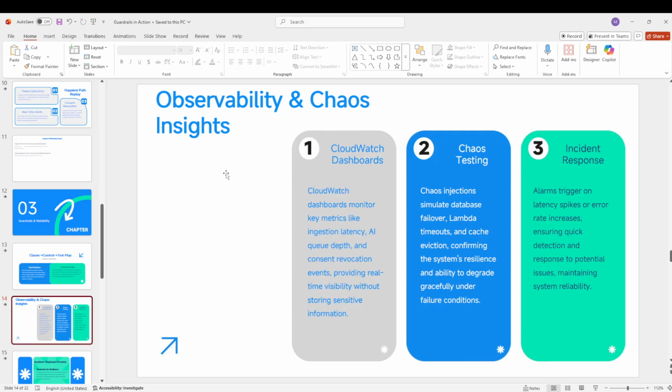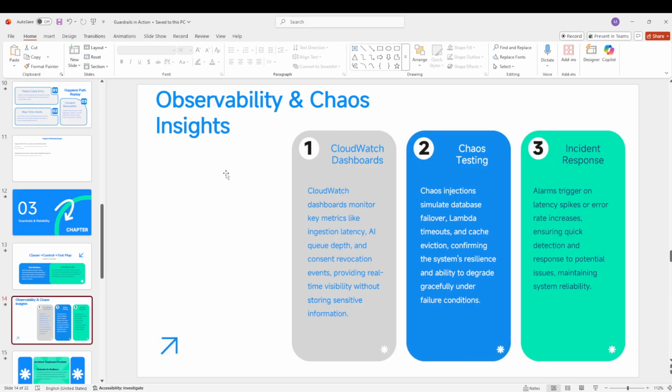So moving on to observability and chaos insights. Our CloudWatch dashboards should monitor key metrics such as ingestion latency, AI queue depth, and consent revocation events, providing real-time visibility without storing sensitive information.